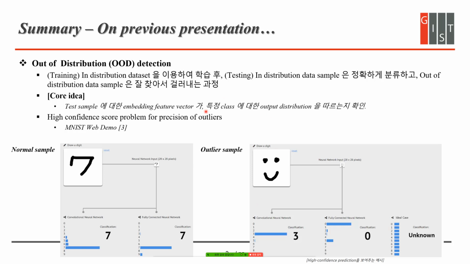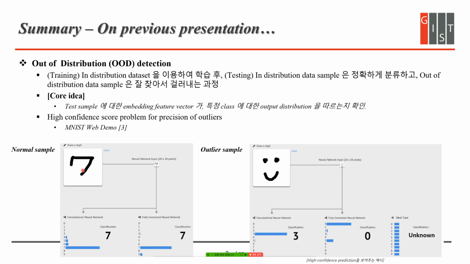The core idea is that if a test sample is input, the output of the model differs between the in distribution and out of distribution dataset. This is a common example using the MNIST web demo.